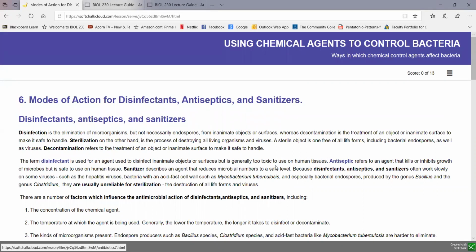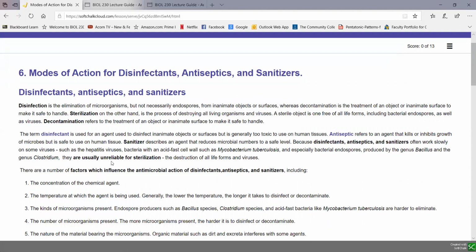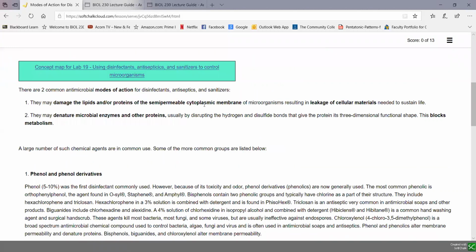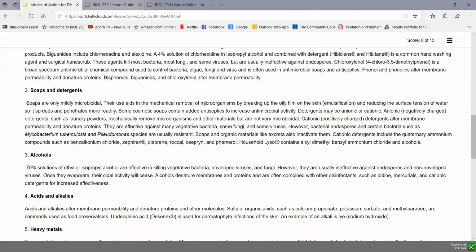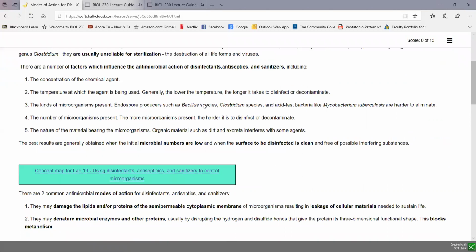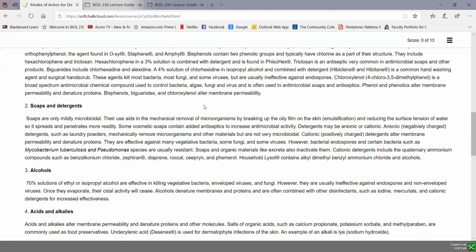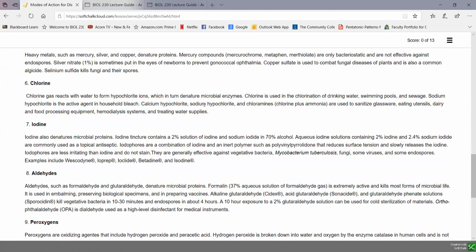So again, all you have to remember to do on this SoftChalk lesson is answer the performance objectives or the detailed learning objectives for this lesson. But I've included them here because, again, these are chemicals we use to control, but we're going to cover how the disinfectants and antiseptics and sanitizers work in lab rather than lecture at this point.